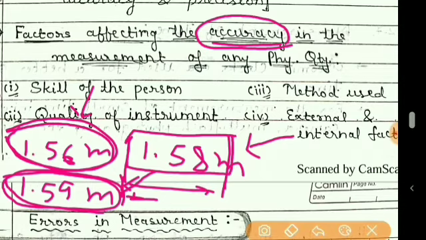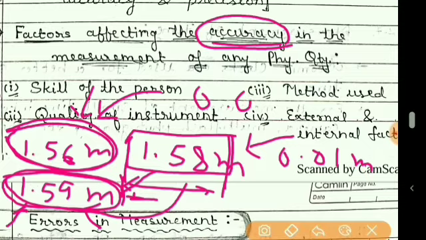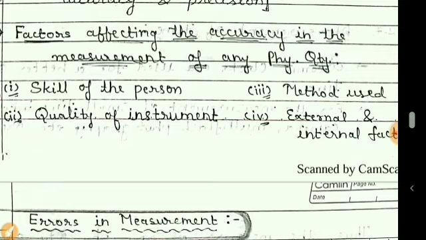It is because the difference of this second value is 0.01 meter, while the difference of this measured value is 0.02 meter, and hence as the difference is less for this second measurement, this is more accurate. So which things affect the accuracy?